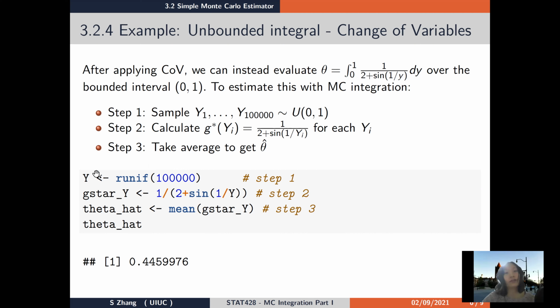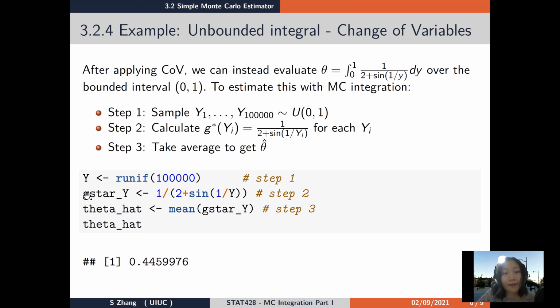So here's the R code that implements this. In step 1, we draw the uniform 0, 1 random draws, so the y's. Y is going to be a length 100,000 vector, where each entry is a uniform 0, 1 draw. Next, we apply the function g star to each of the y's.